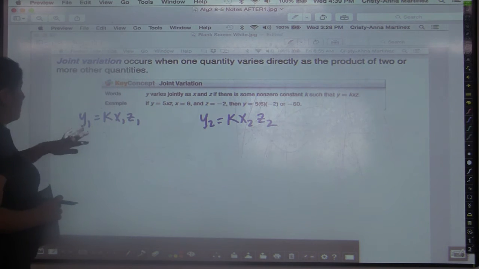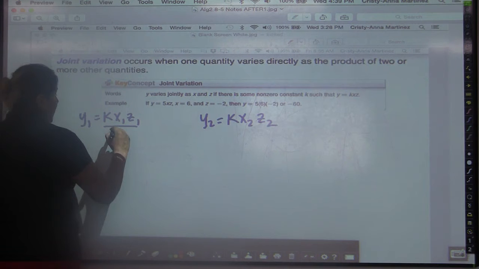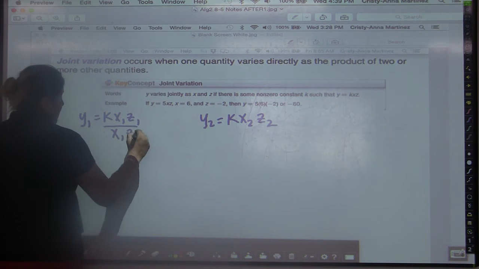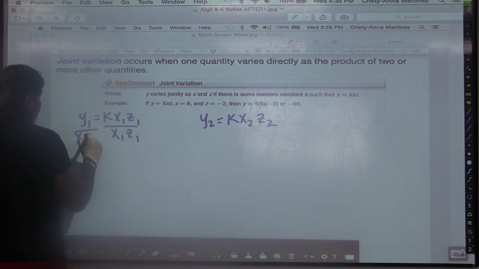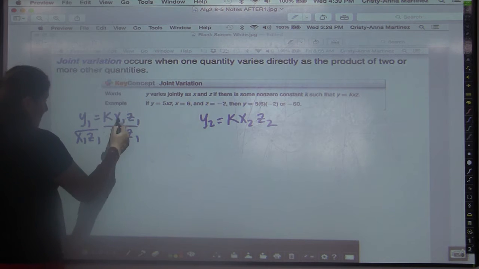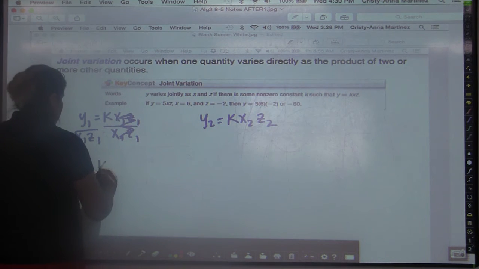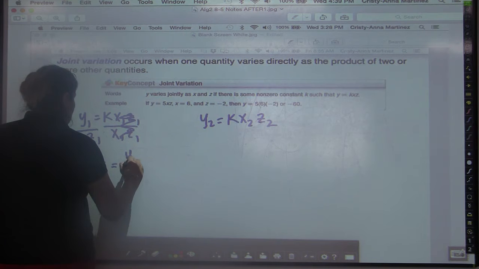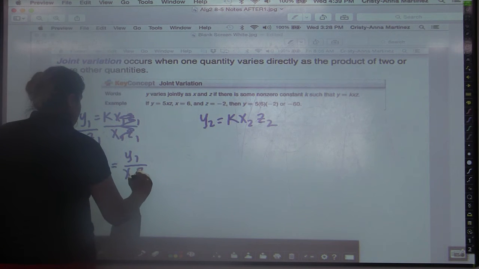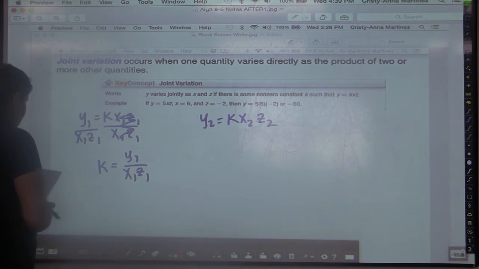We're going to basically solve for k. In this case, when you solve for k, you divide by x1 and by z1 on both sides. So we get that k will equal y1 over x1 z1. And that's basically the fraction that you end up with.